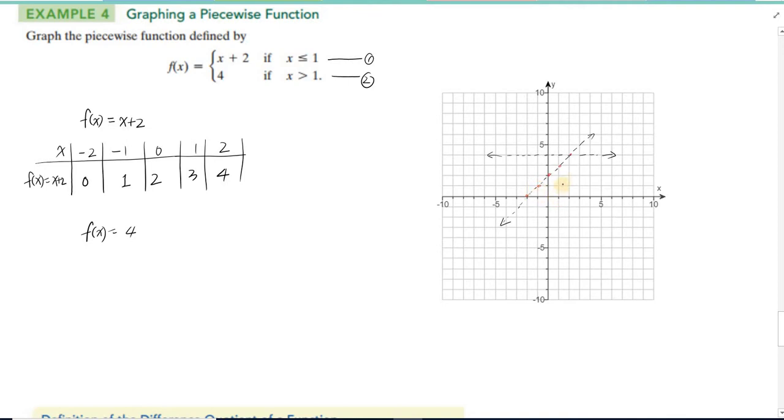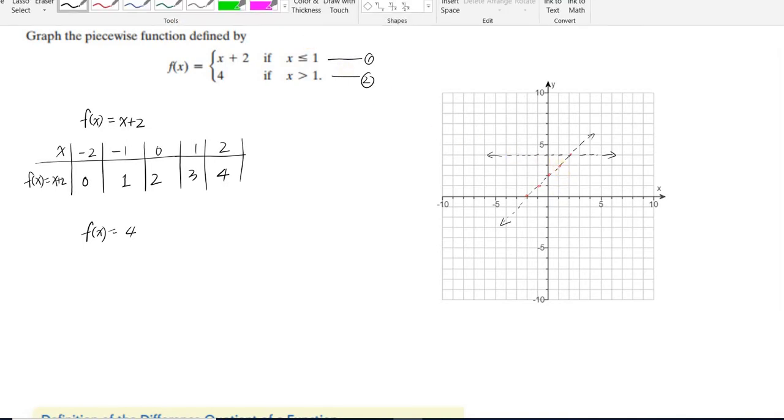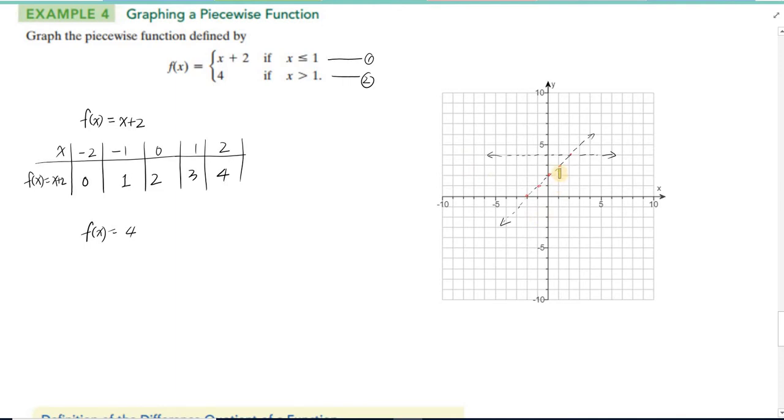So here is my 1. The only part that works, let me go ahead and highlight it, is this portion. Since it's less than or equal to 1, we're going to make this point a solid point.